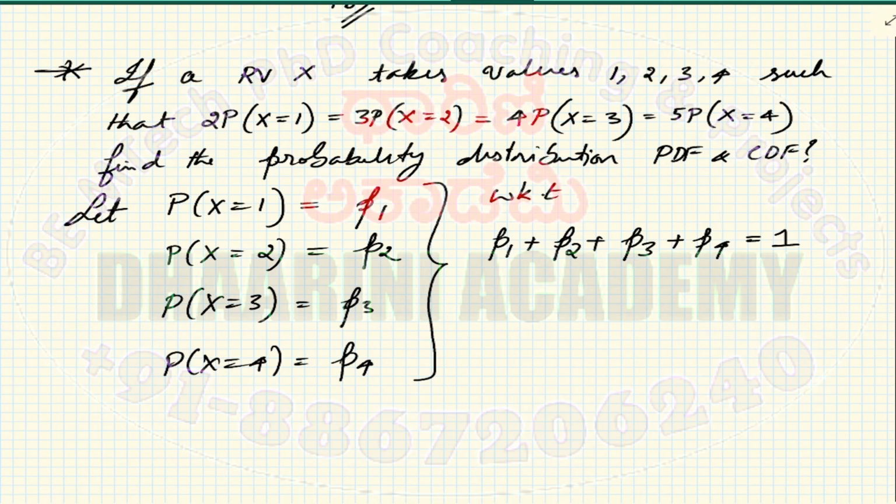That's the first one. The second thing they have given is that 2 times p1 equals 3 times p2.